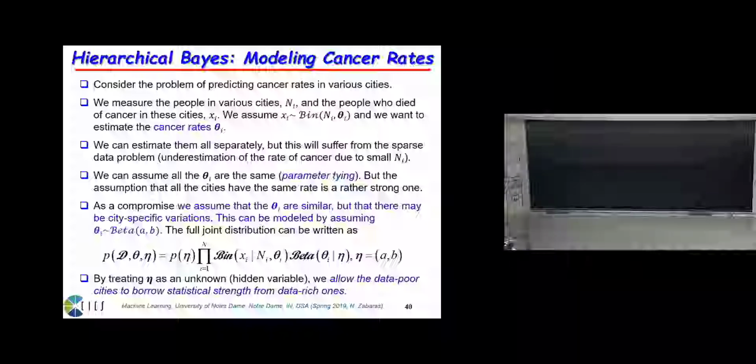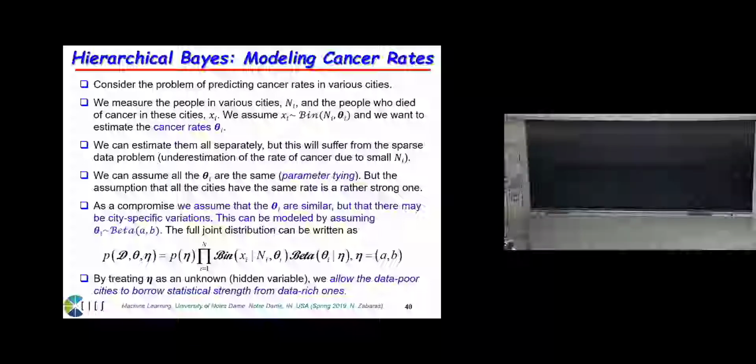And what's the MLE estimate? Which is sort of the common sense estimate. So if in a city of Ni population you get Xi cancer, what's the common sense MLE estimate? Xi over Ni, okay? All right, so that would be the first thing everybody would do, right? So that's a respectable answer.